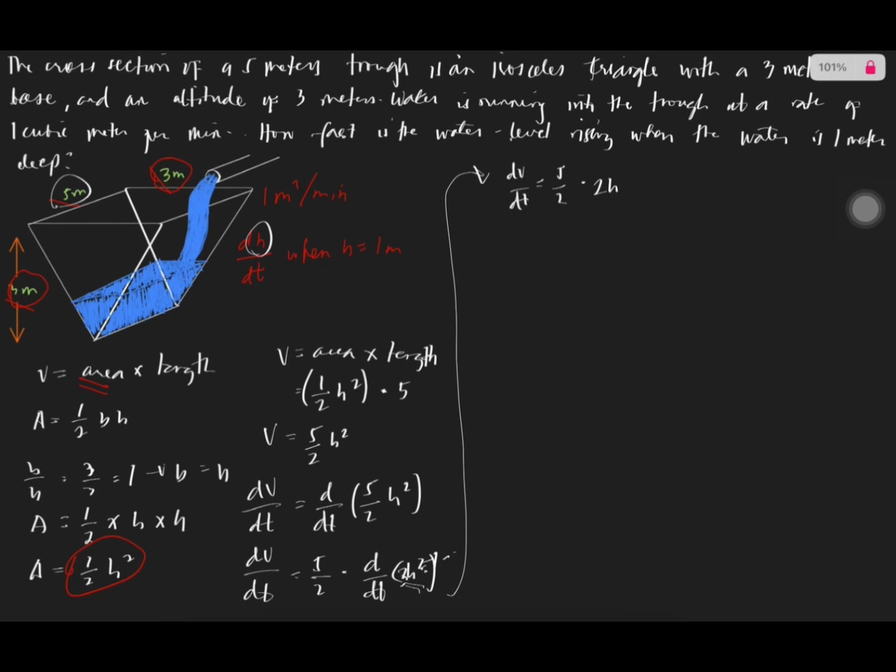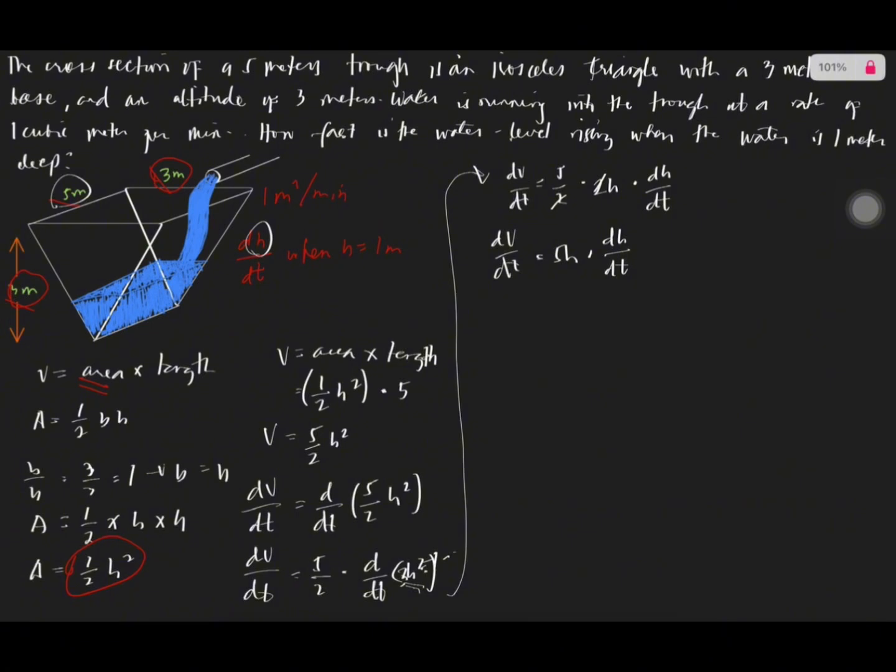Now we have 5 over 2 times 2h times dh/dt. Altogether, we cancel this and we have 5h times dh/dt.